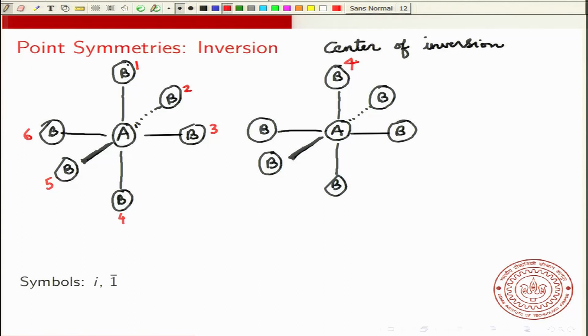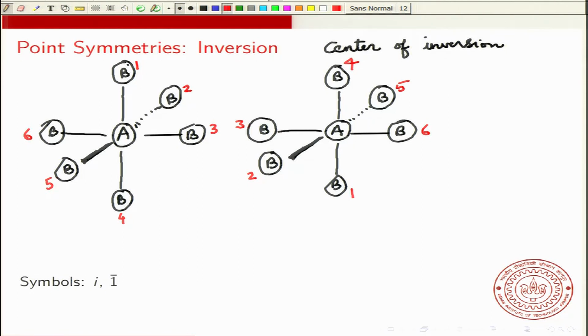So, you have a 4 here and you have a 1 here, you have a 5 here and a 2 here, you have a 6 here and you have a 3 here. Okay. So, this is the effect of inversion, and the center of inversion. So, A is referred to as a center of inversion.